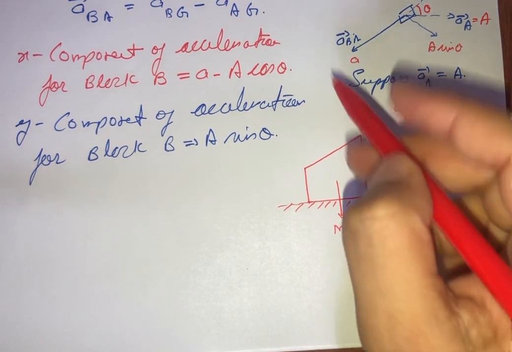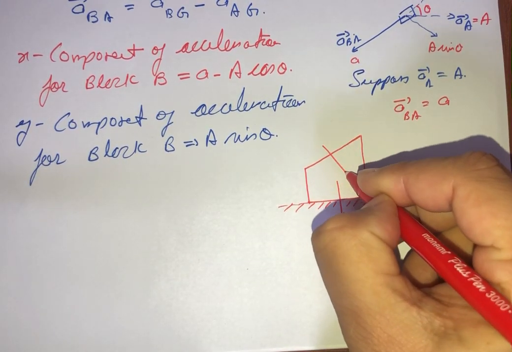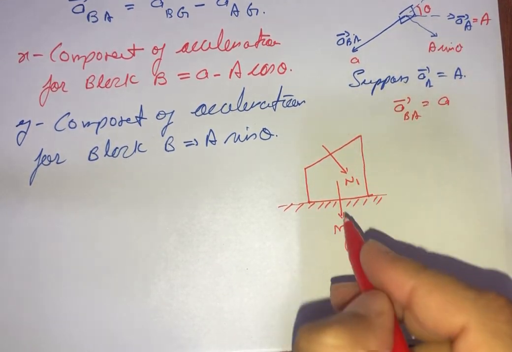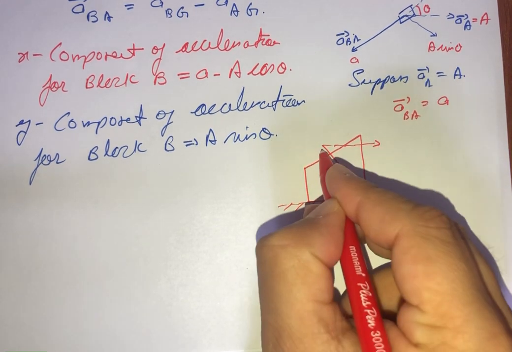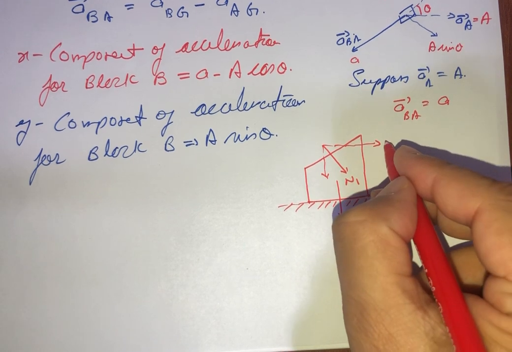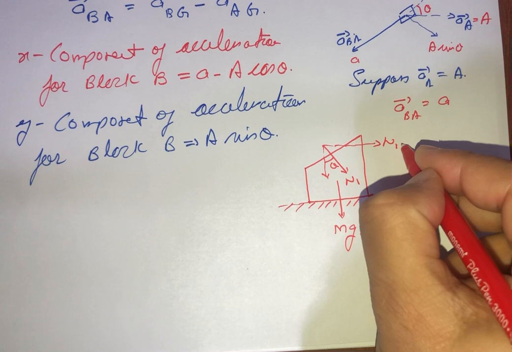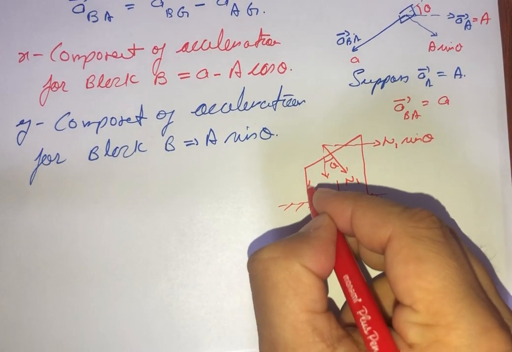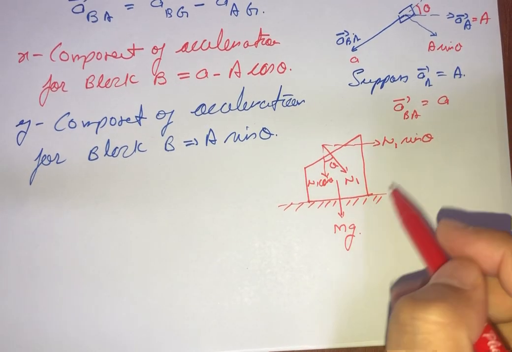There is one normal because of B in this direction, N1, and this N1 will have two components: N1 sin theta and N1 cos theta.